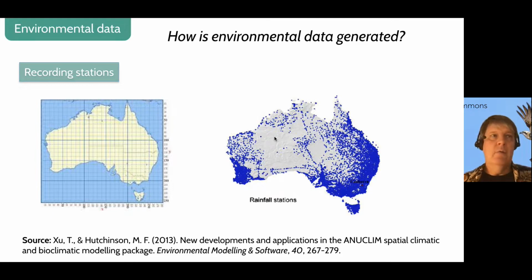So a lot of work by a lot of researchers goes into making the best possible estimate of what values are in these parts of the grid. But just keep in mind that if you're trying to model something in the middle of Australia, there's a lot of uncertainty about what those actual environmental variables' values actually are.